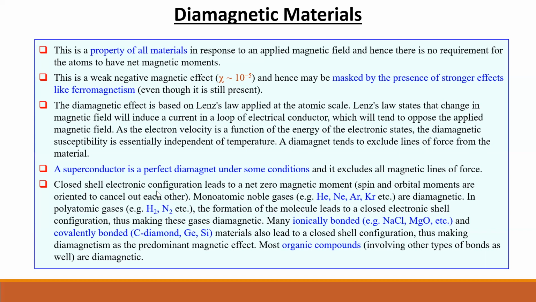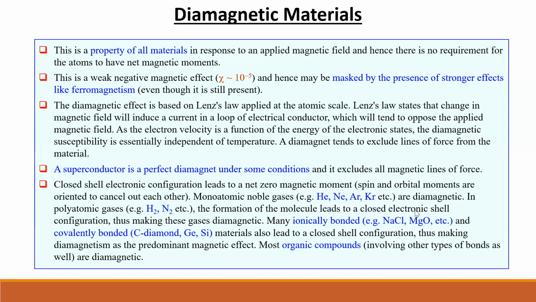Closed shell electronic configuration leads to a net zero magnetic moment. The spin and orbital movements are oriented to cancel each other out. Monoatomic noble gases such as helium, neon, argon, krypton, etc. are diamagnetic. In polyatomic gases like hydrogen and nitrogen, the formation of the molecule leads to a closed electronic shell configuration, which makes these gases diamagnetic.